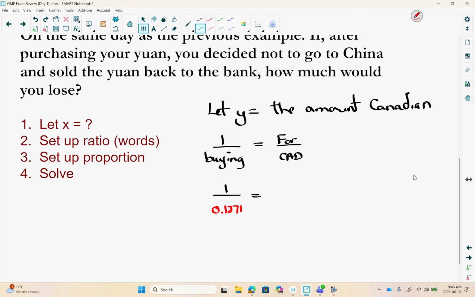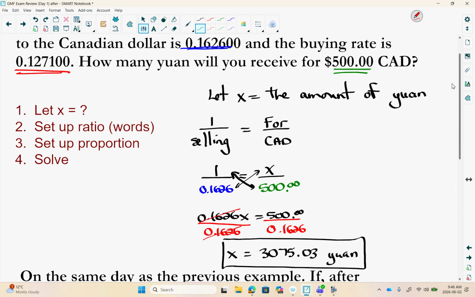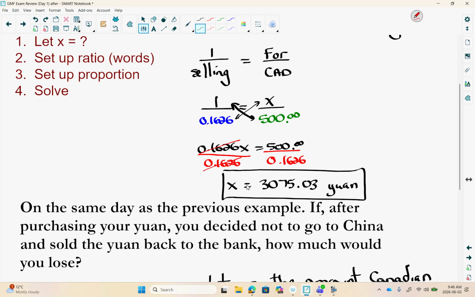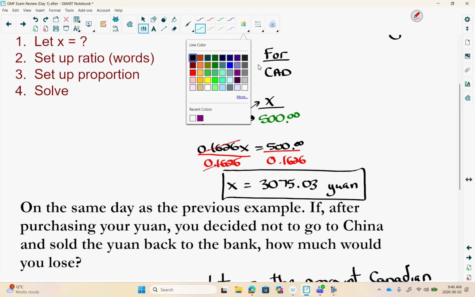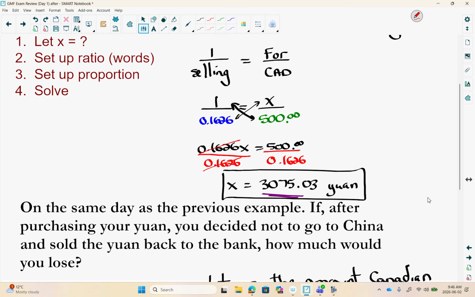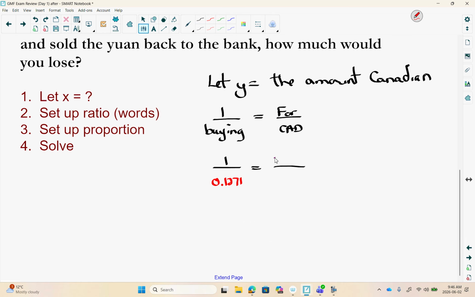Do we know the foreign amount? How many yuan do I have? 3,075.03. And I'm looking for the Canadian amount. That's where the Y would go.